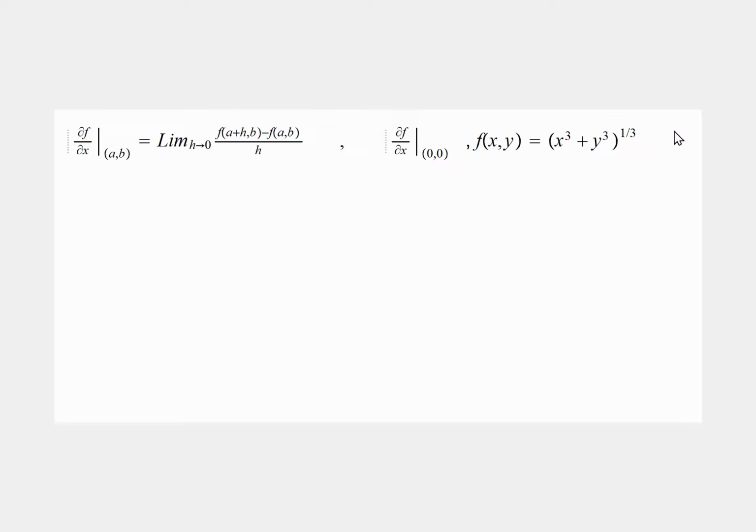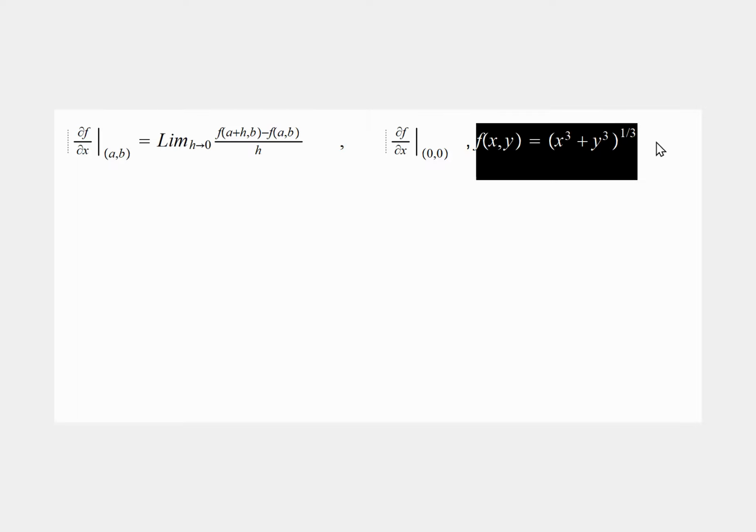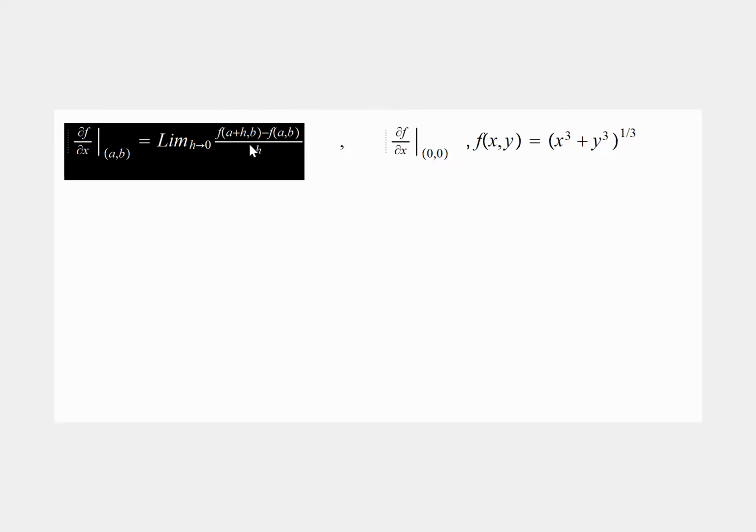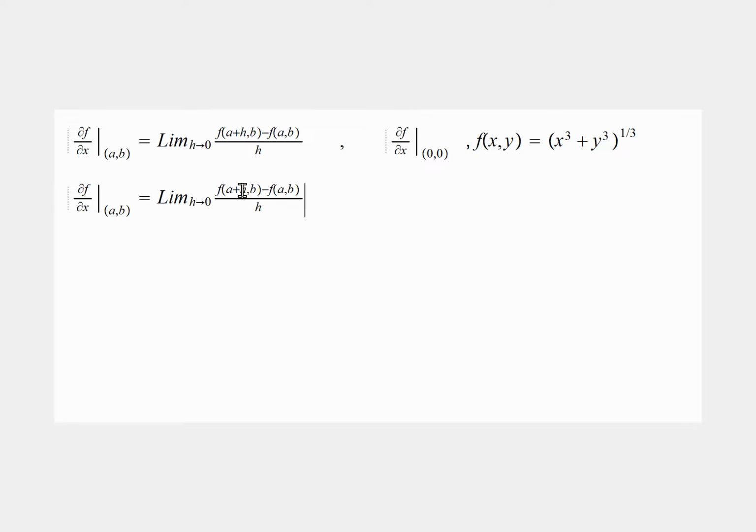So what we are going to do now is compute the partial derivative with respect to x at 0, 0 of this function by using the definition that we started with. If we write the values according to the definition, a is 0, b is also 0, and we have 0 and 0 here.